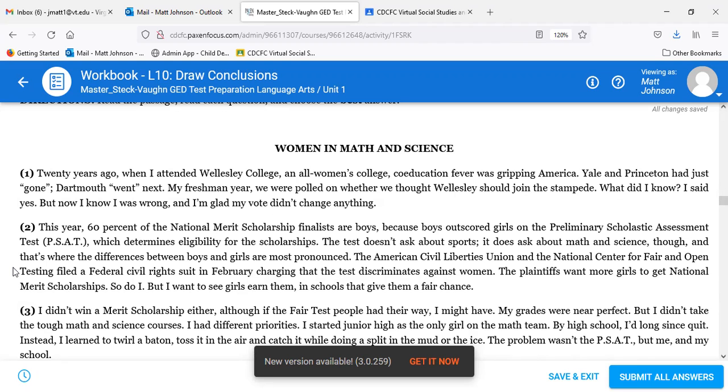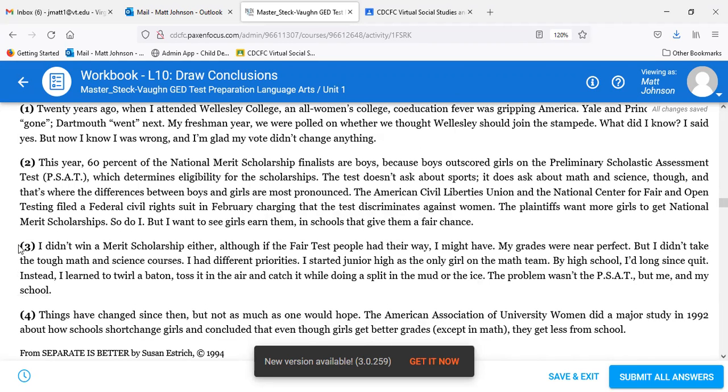I didn't win a merit scholarship either, although if the fair test people had their way, I might have. My grades were near perfect, but I didn't take the tough math and science courses. I had different priorities. I started junior high as the only girl on the math team. By high school, I'd long since quit. Instead, I learned to twirl a baton, toss it in the air and catch it while doing a split in the mud or the ice.